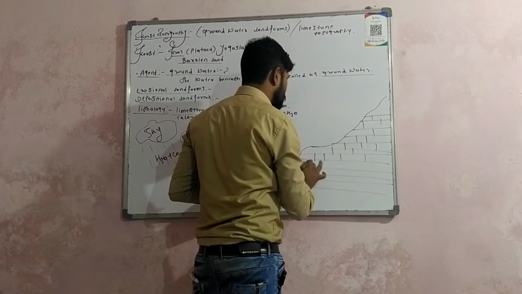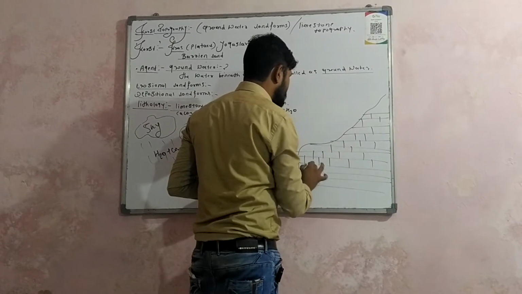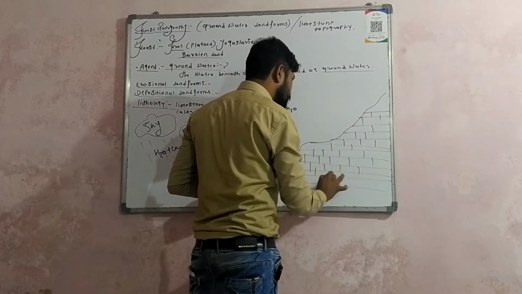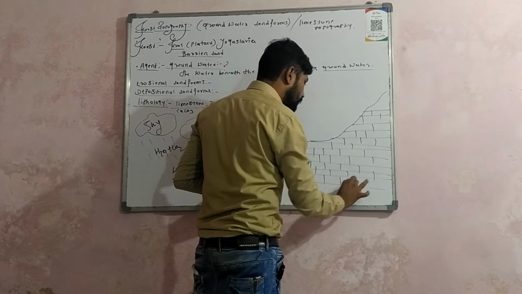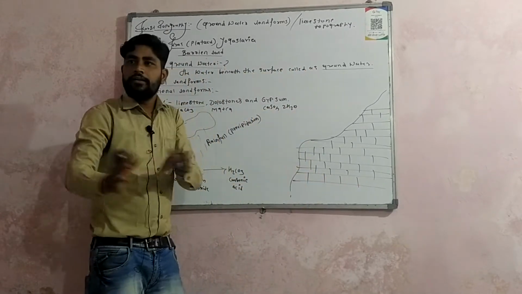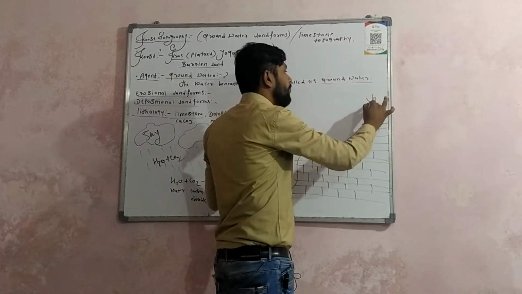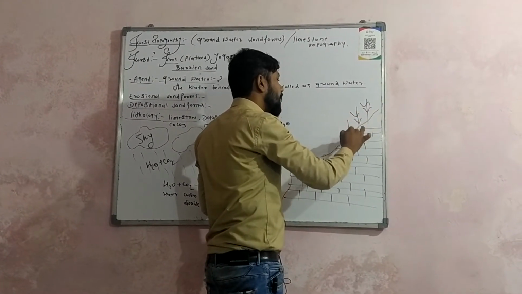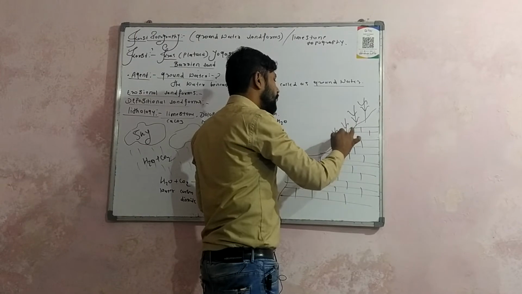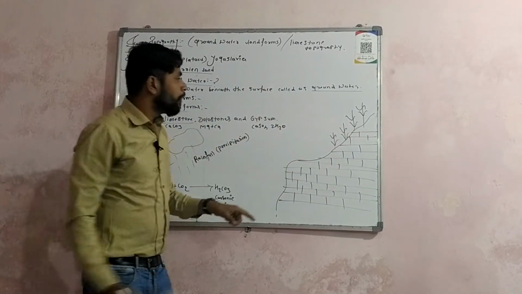The symbol of limestone looks like a brick, and you know the structure of a brick. Now consider there is limestone, and on that there are different plants, there is vegetation.